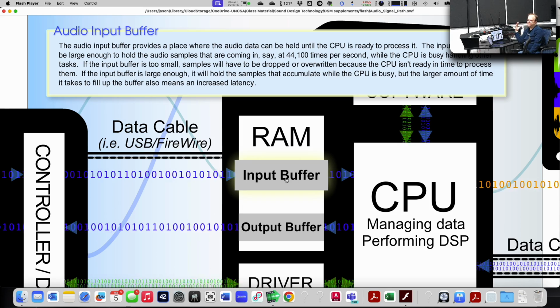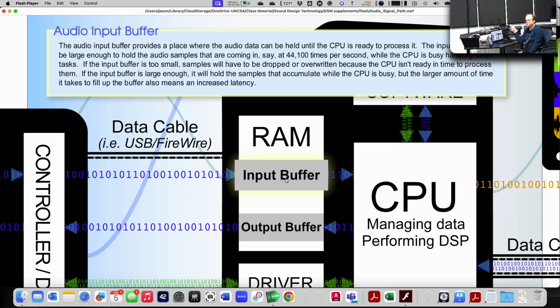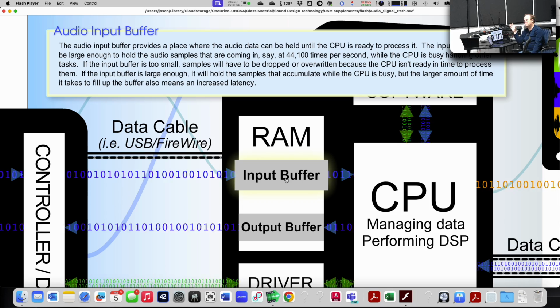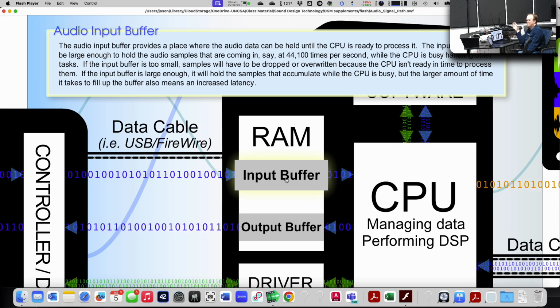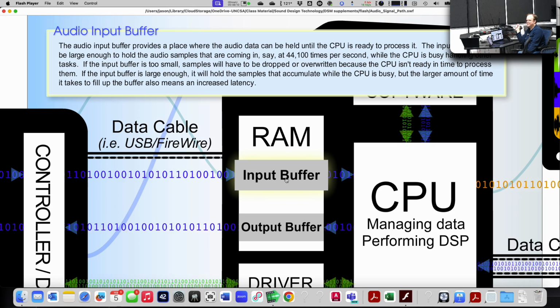And generally speaking, a lot of the digital audio programs now will try to figure out that buffer automatically for you. But there are plenty of times when you might need to manipulate it. You're always trying to find that balance between latency and reliability.